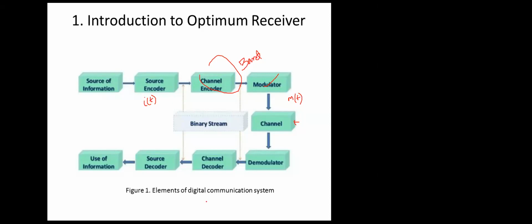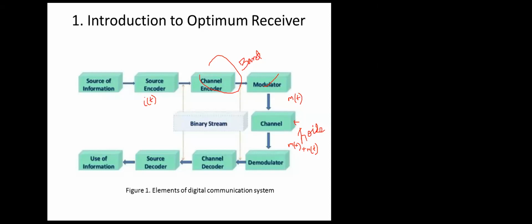When we are passing through the channel, there is a lot of noise getting introduced. So at the demodulator or receiver end, we have our message signal m(t), along with some kind of noise associated with that message signal.